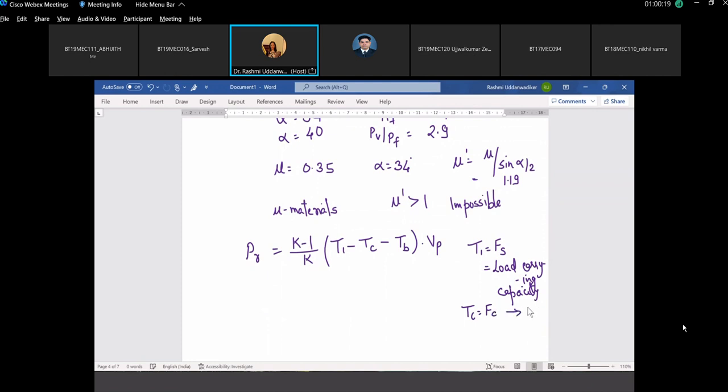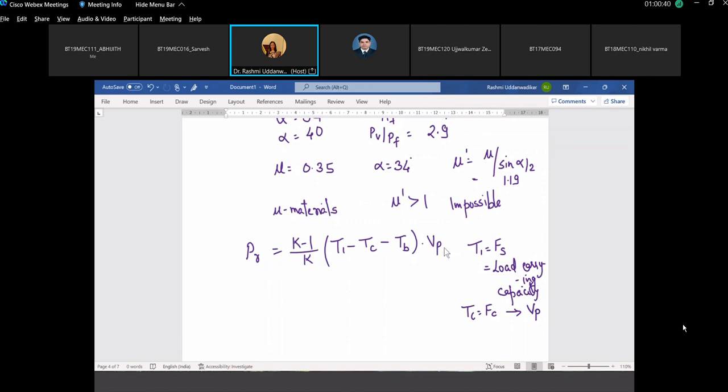This depends upon the peripheral velocity. You go on increasing the peripheral velocity and the value of FC would increase. So even if we are saying that this works at a higher peripheral velocity, maybe 1300 to 1800 meter per minute, but with that, the value of TC would increase. And since this is a negative term, the value of PR will go down.